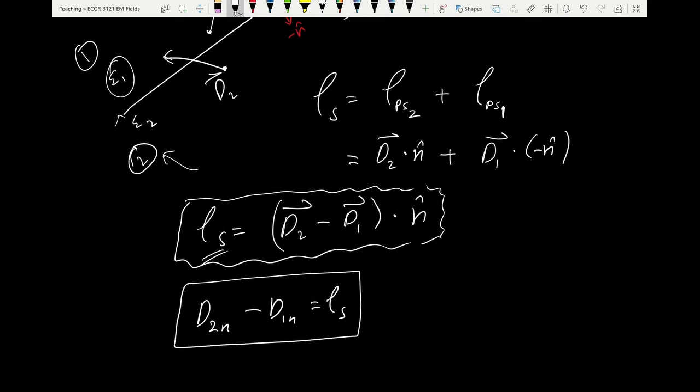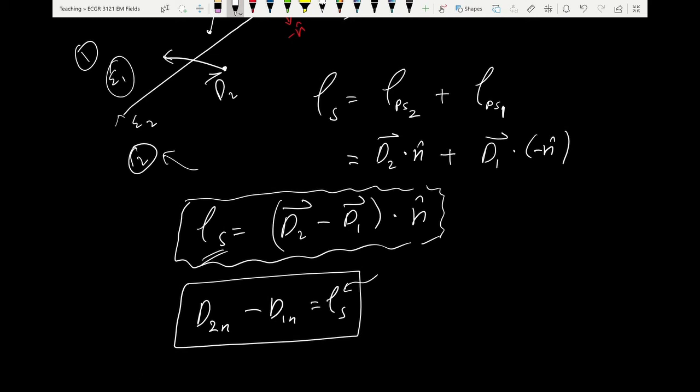So the normal component in the flux density is almost continuous. It could have been continuous if there is no charge density that could manifest. But because the surface charge density could manifest, it is not continuous. There is going to be a jump in the normal component of the flux density due to the manifestation of a surface charge density.